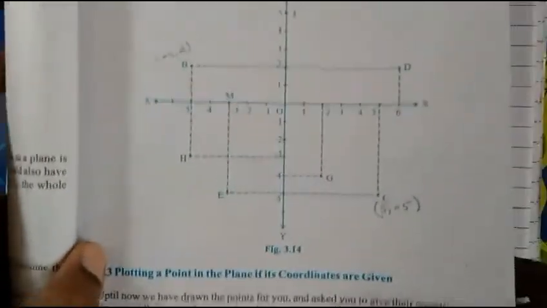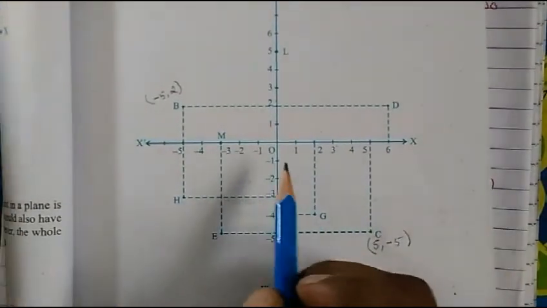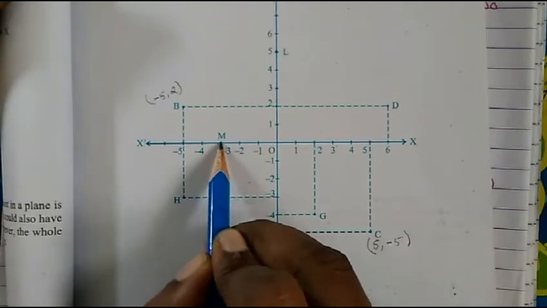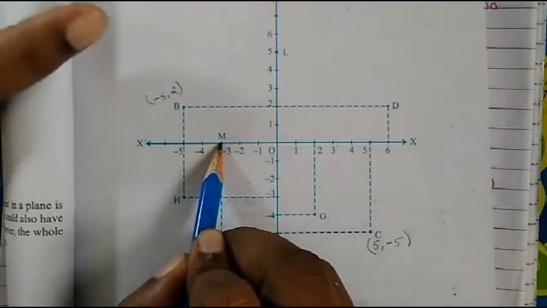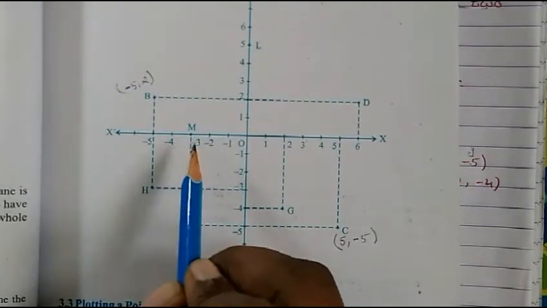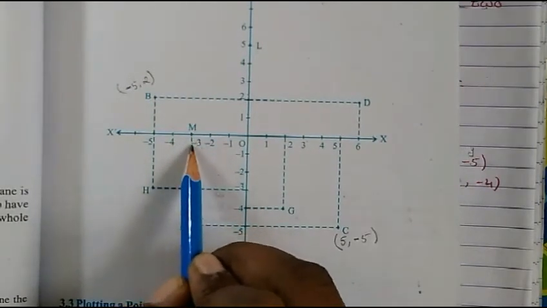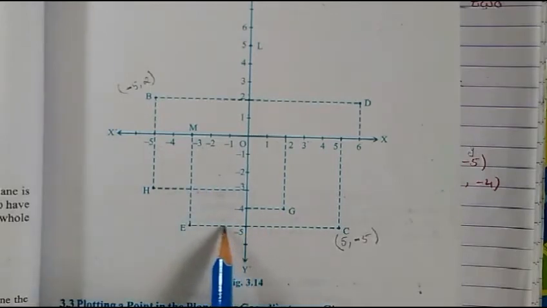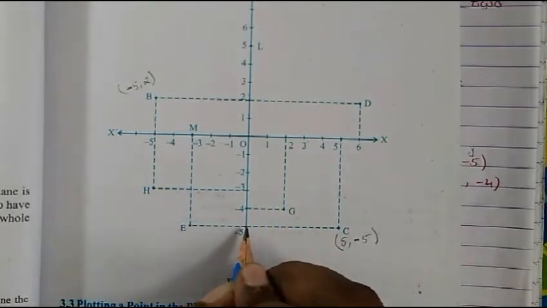-3 and -5. So -3 is here on the x-axis. -5 will be from here. -5 is in this direction. See, -5 is here.